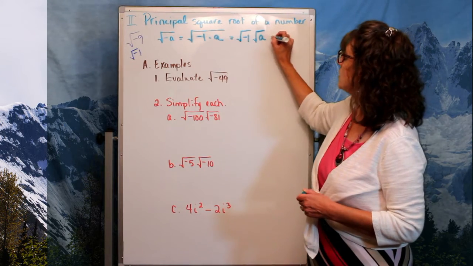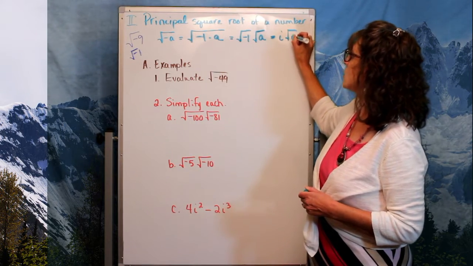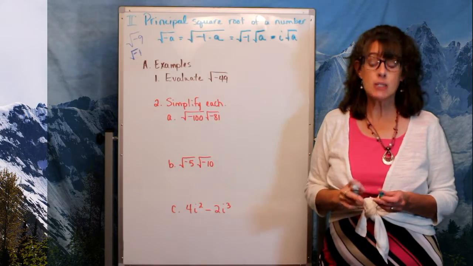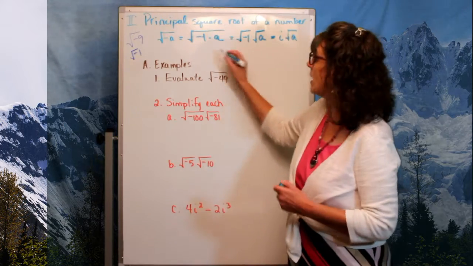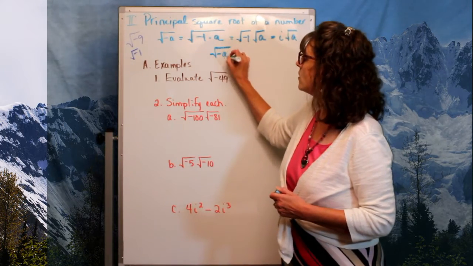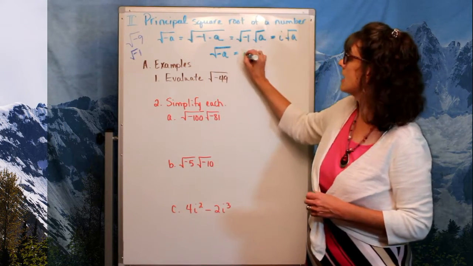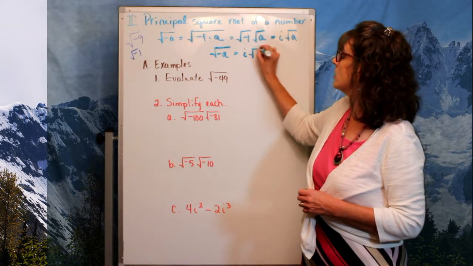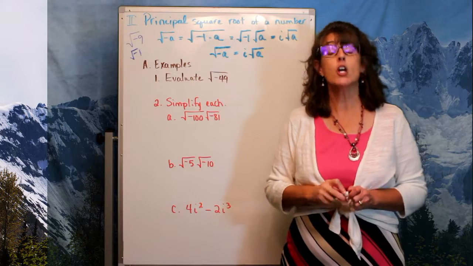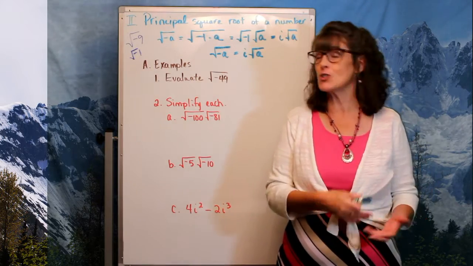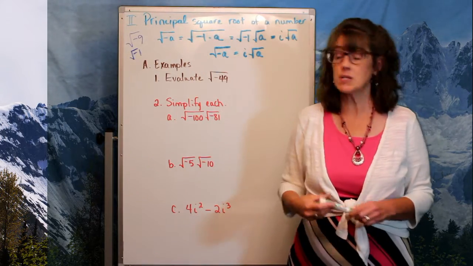So this is really just an i times the square root of a. And so that leads me to the ability to simplify whenever I have a negative underneath the radical. When you have a negative under the radical, all that you do is take an i out, leave the other factor underneath, and simplify that radical if you can, looking for perfect squares and pairs, just like we've been talking about for some time now.